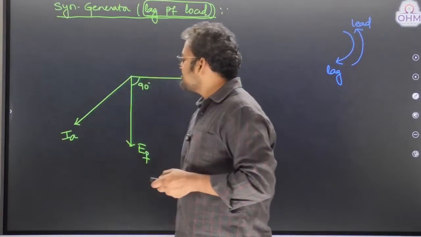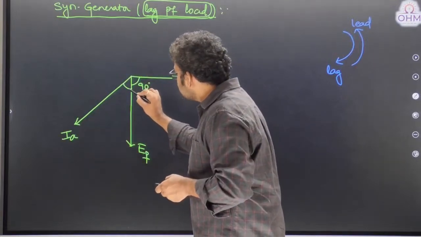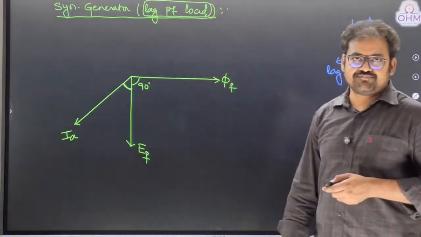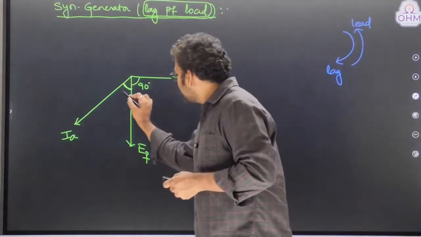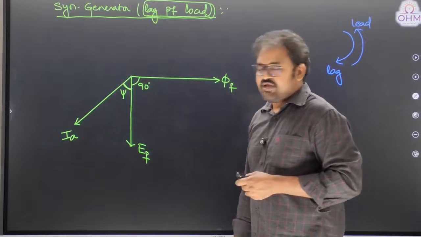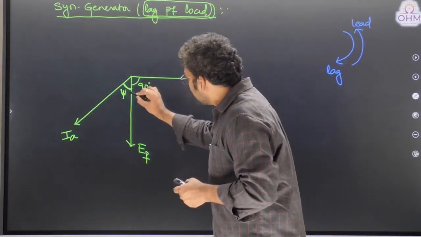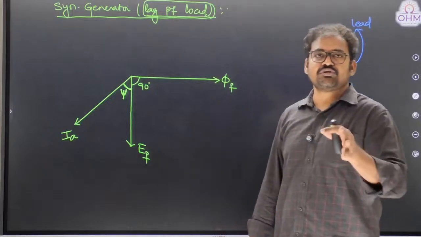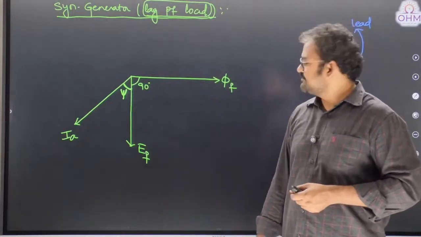This is the armature current. Why is armature current lagging the voltage? Because the load is a lagging power factor load. This is what we call the power factor angle, represented with the letter psi. Remember, this psi is what we call the internal power factor angle. We will learn soon what the internal power factor angle is.